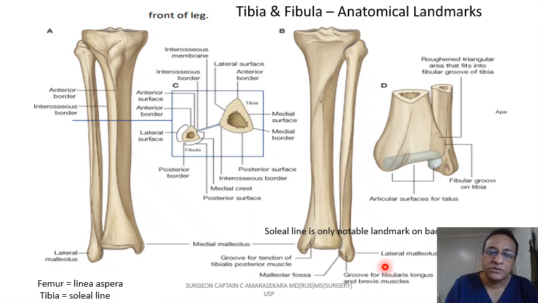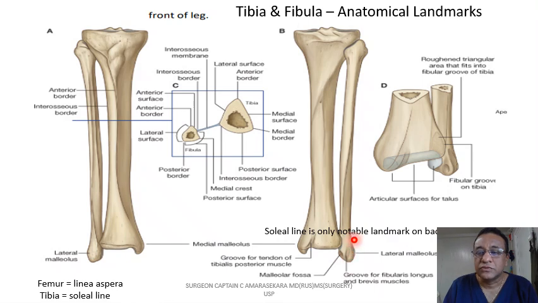From the medial side, this groove is for the tendon of the tibialis posterior muscle. It runs just posterior to the medial malleolus. This tendon, the posterior tibialis tendon, lies very close to the deltoid ligament, which is here. When you go laterally, there's another groove.